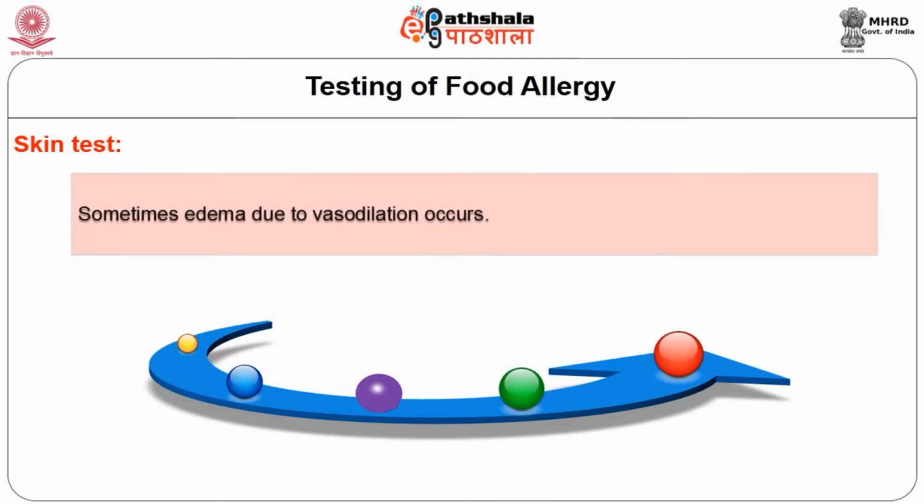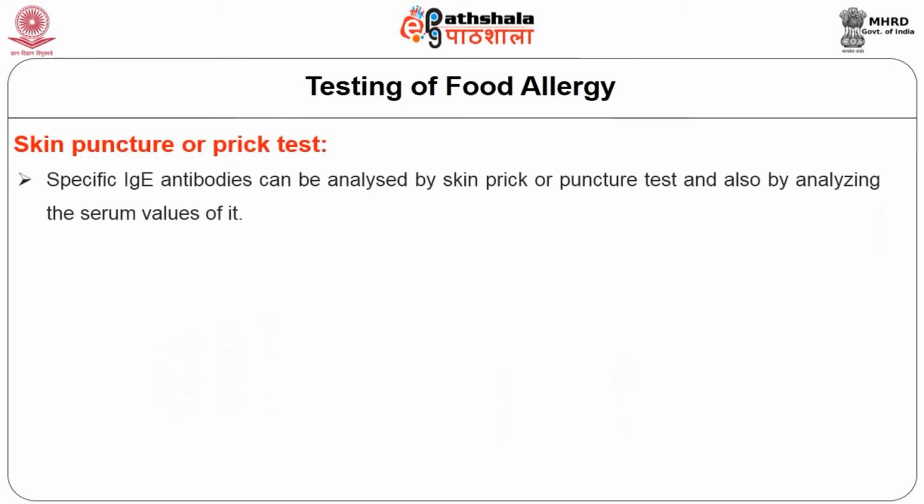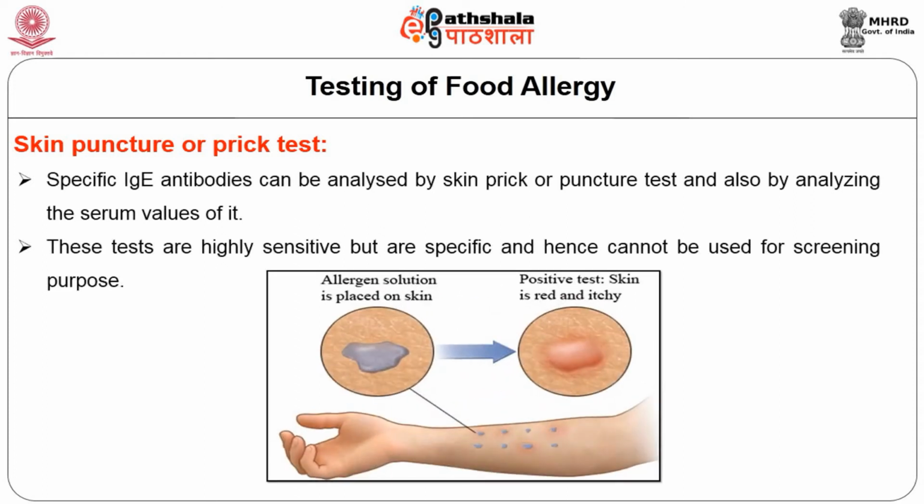Sometimes edema due to vasodilation also occurs. Specific immunoglobulin E antibodies can be analyzed by the skin prick or puncture test and also by analyzing the serum values of it. These tests are highly sensitive but not specific and hence cannot be used for screening purposes.